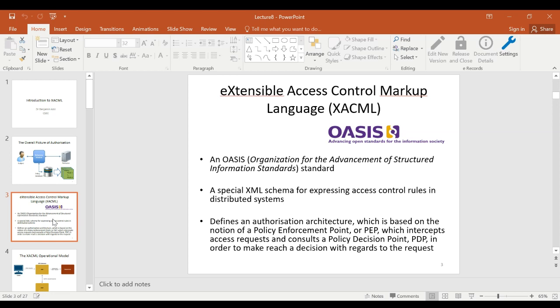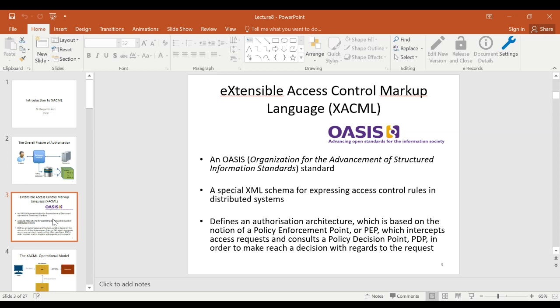Or if you are buying any products or technologies that will enforce an XACML type policy, then you will at least have some basic understanding of the architecture of the system required for enforcing and specifying XACML policies.